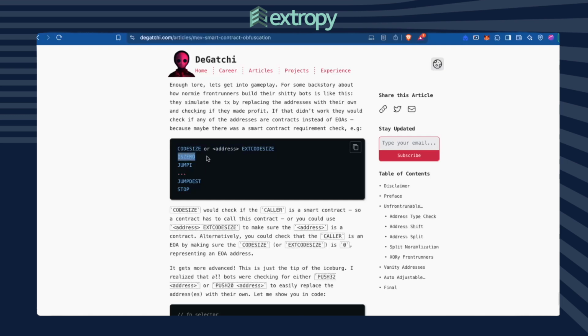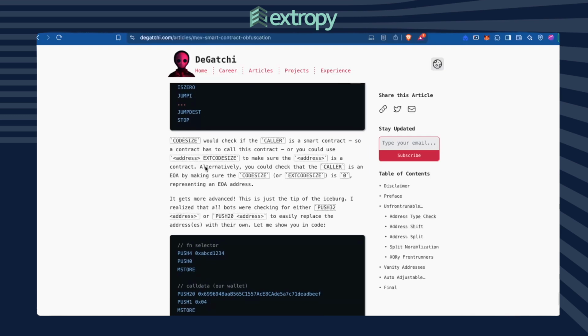If that is 0, then jump, and then you're going to stop. So this is testing for a contract. And the red dots here are what would happen if it isn't 0. So that's what that's about.